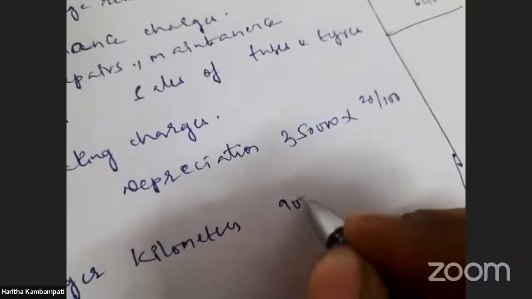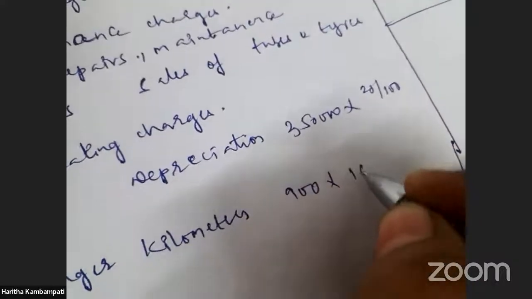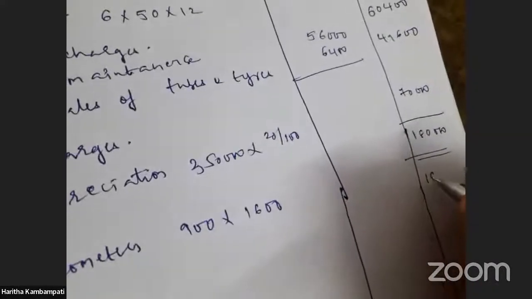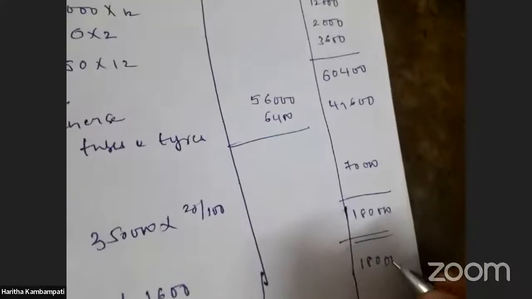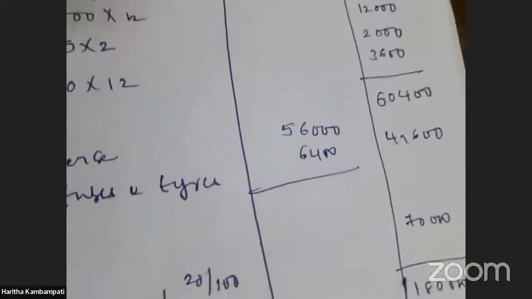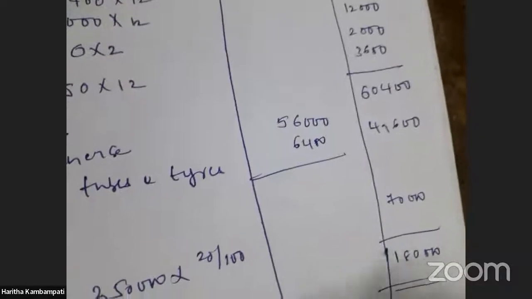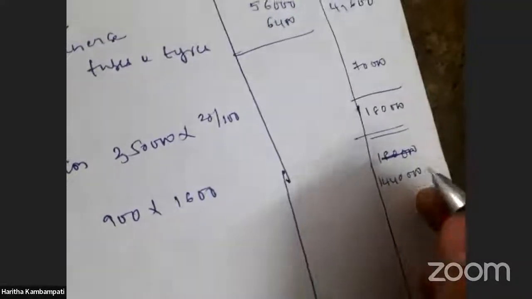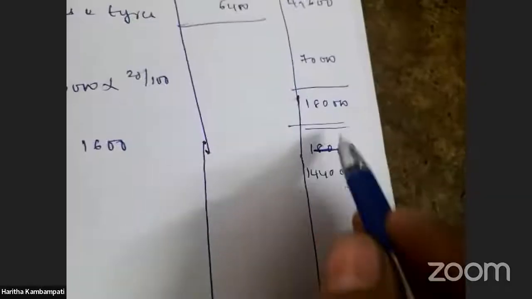So totally 900 passengers, 1600 kilometers, that comes to 14 lakhs 40,000 total passenger kilometers. We need cost per passenger kilometer. So 1,80,000 divided by 14,40,000.